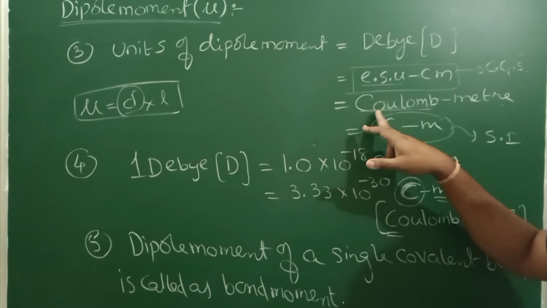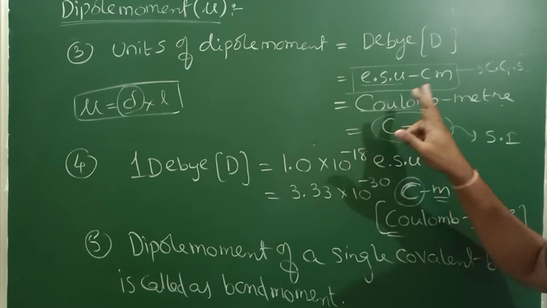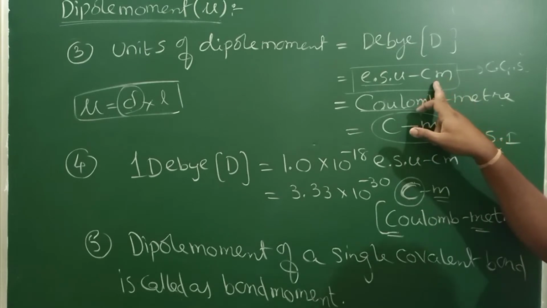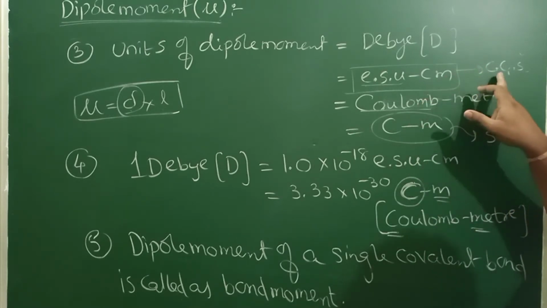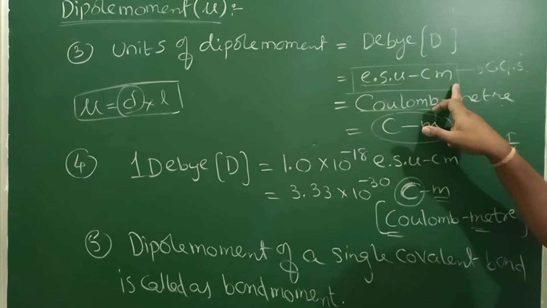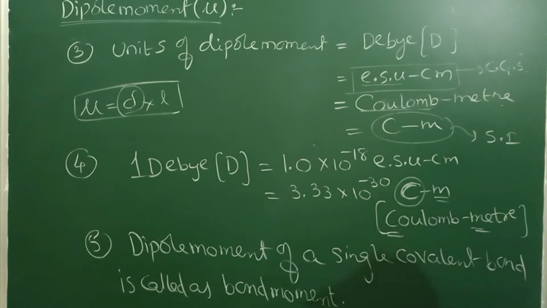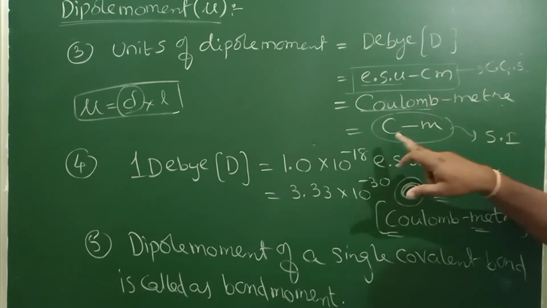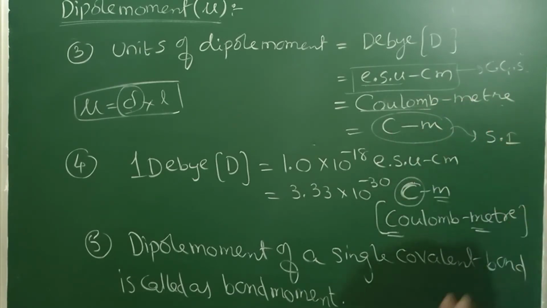Next, the charge unit is the Coulomb and the length unit is the meter. The centimeter is the length unit in CGS, so ESU centimeter is the dipole moment unit in CGS, and Coulomb meter is in SI. Coulomb symbol is C and meter symbol is m.